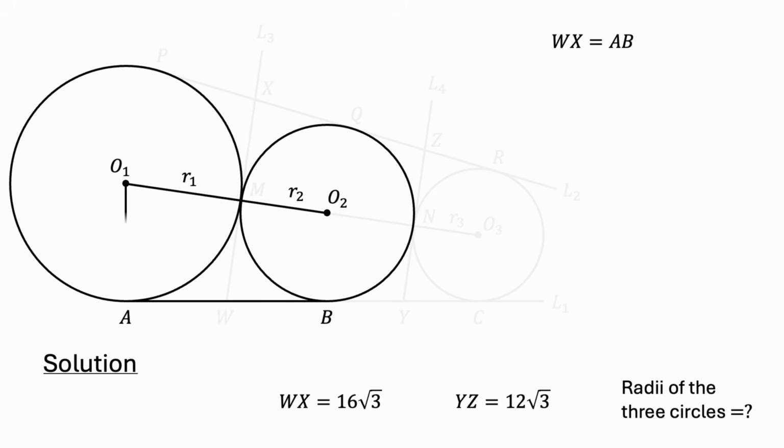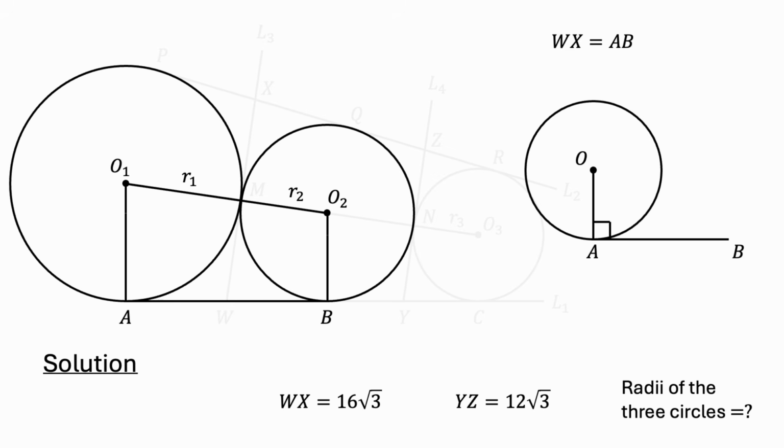Next, connect O1 to A and connect O2 to B. Recall that if AB is tangent to a circle with center O, then angle OAB is a right angle. Since AB is tangent to the large and medium circles, angle O1AB and angle O2BA are both right angles.